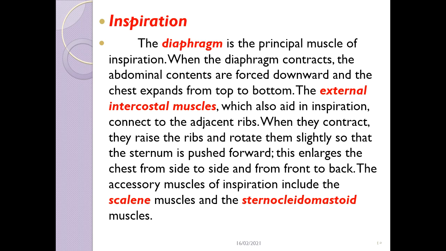The external intercostal muscles, which also aid in inspiration, connect adjacent ribs. When they contract, they raise the ribs and rotate them slightly so that the sternum is pushed forward. This enlarges the chest from side to side and from front to back.